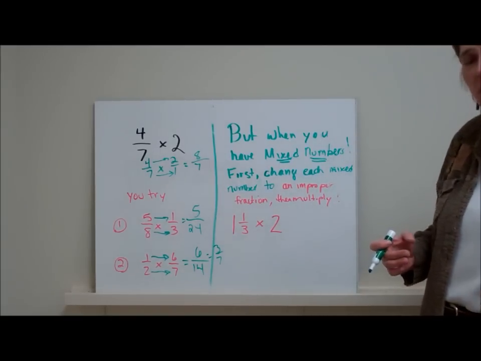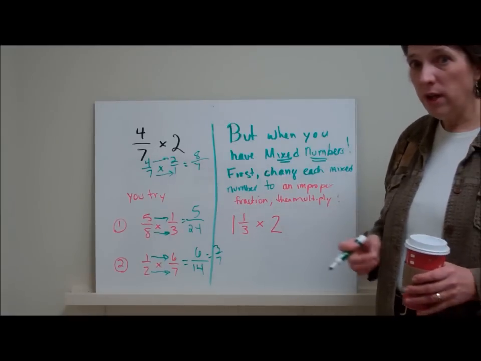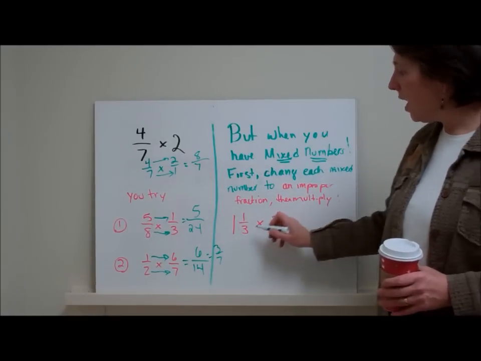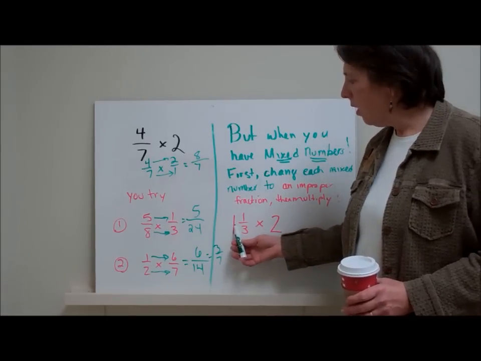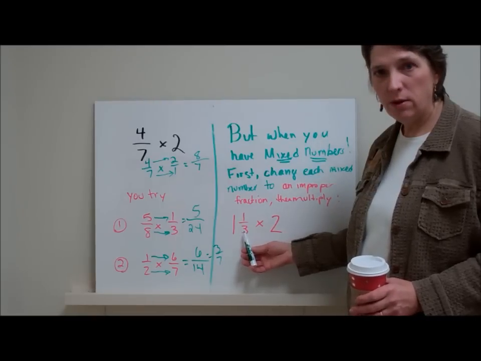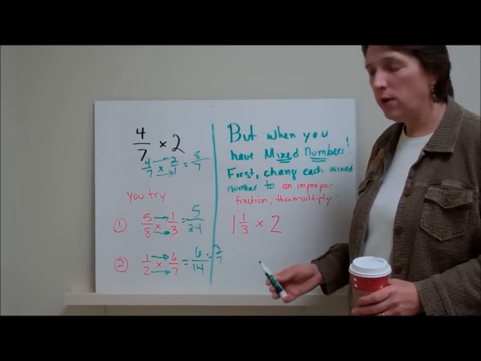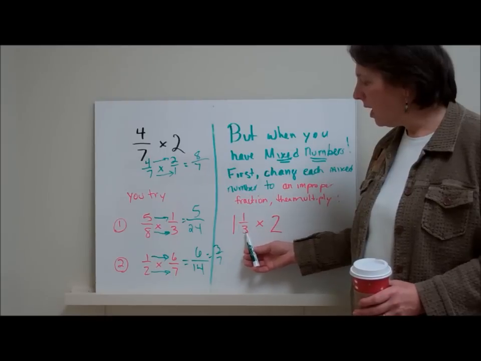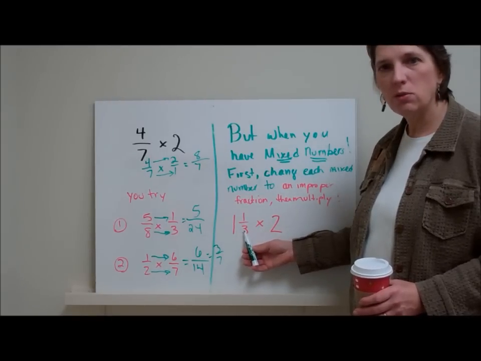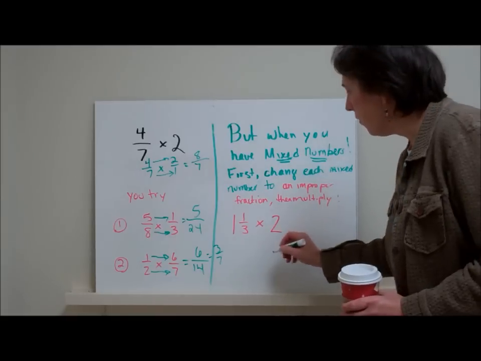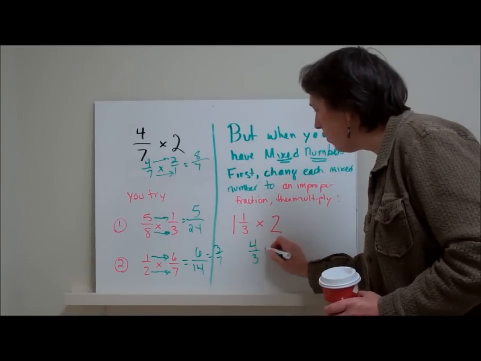Now, we're not talking about division today, but we will in the next video. So we're going to change this to an improper fraction. Remember how to do it? We say the whole number times the denominator plus the numerator. So 1 times 3 is 3, plus 1 is 4/3. So we change that to 4/3.